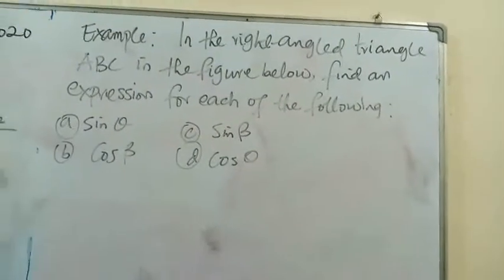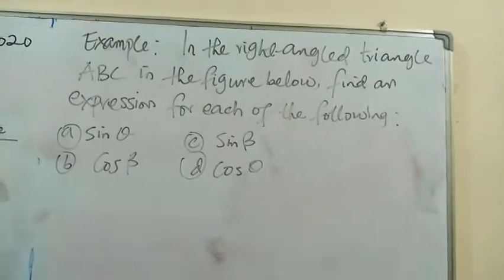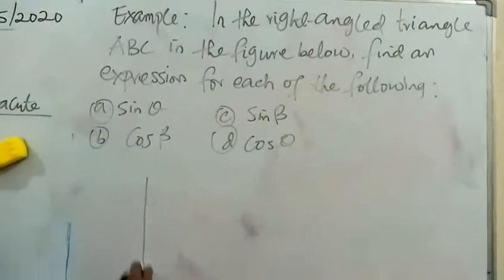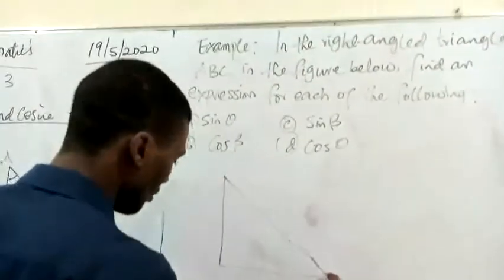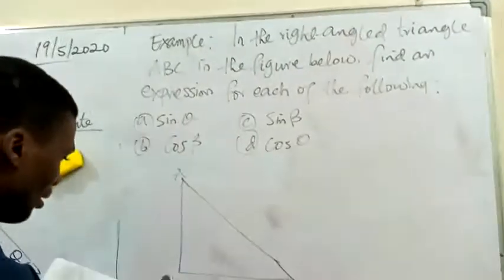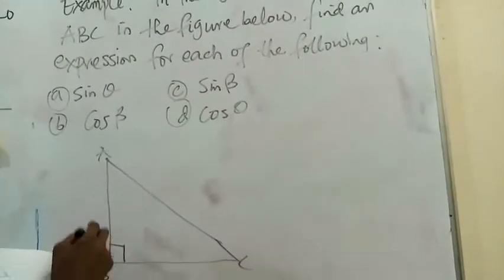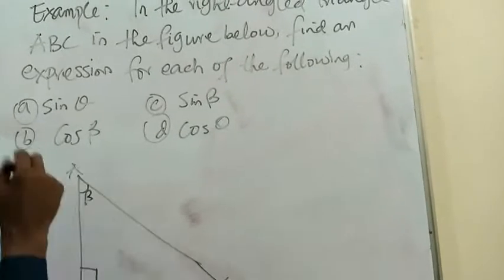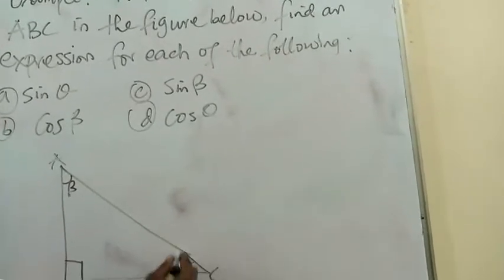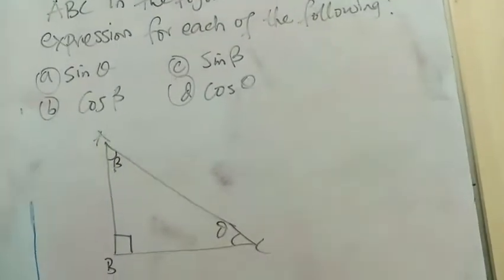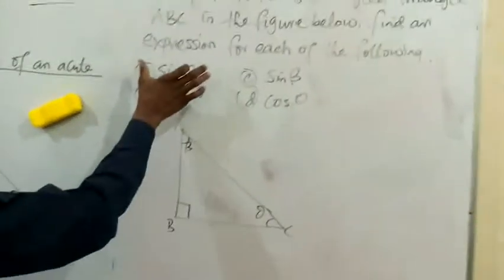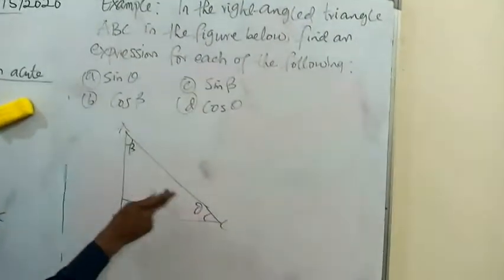We draw the right angle triangle ABC, with right angle at B. We call this angle beta, and this angle theta. Now, to find sin theta, we see where we have our theta.